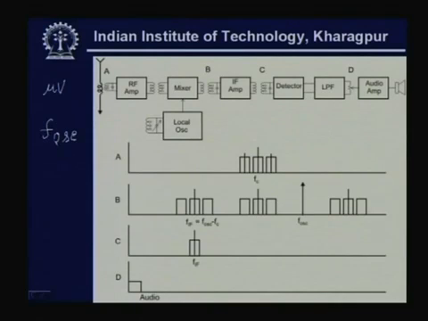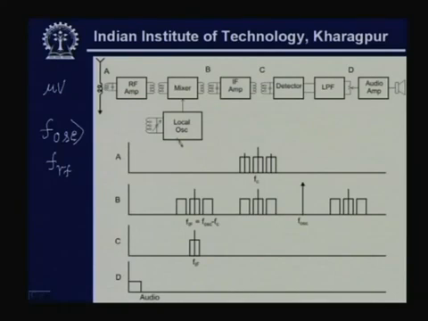This local oscillator frequency is greater than FRF, that is, greater than the RF frequency. This local oscillator frequency is mixed with the amplified RF signal, and as you know, the signal that we have received is shown here, which has the carrier frequency and 2 side bands.